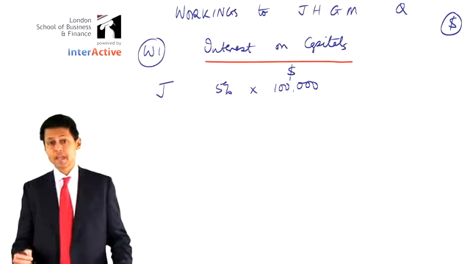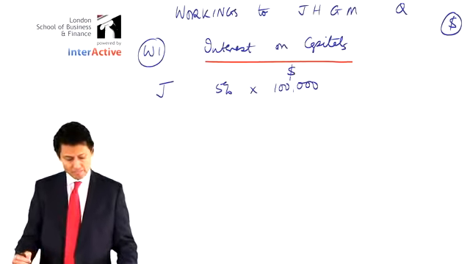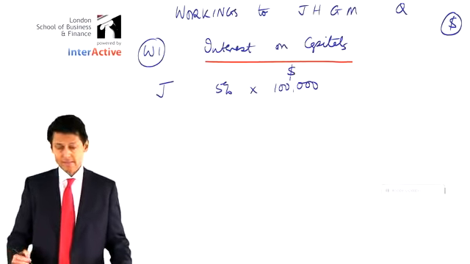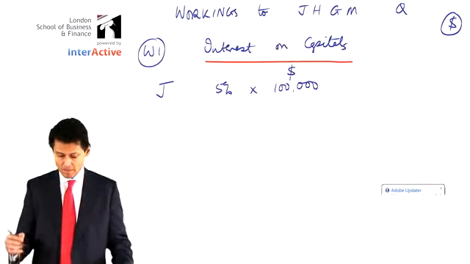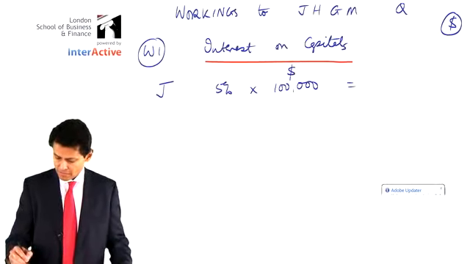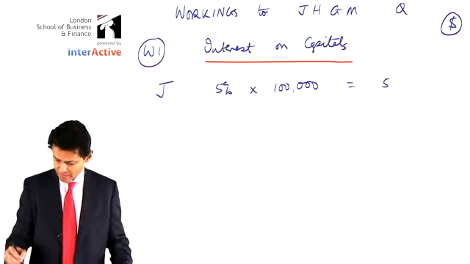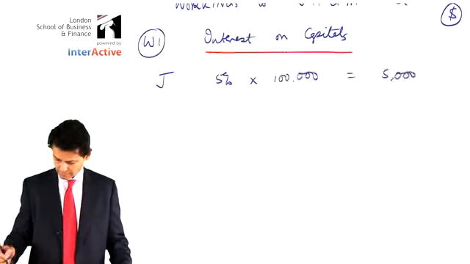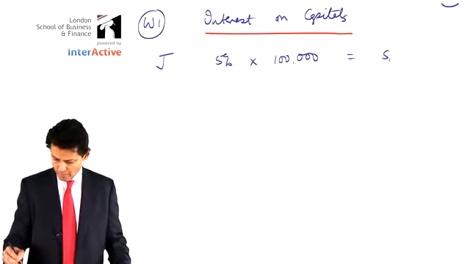So the 100,000 capital itself comes from the very first page, though the 5% comes from the second page, towards the end of the second page where you see it says there example 1. So clearly if you multiply that out, $5,000, no problem.